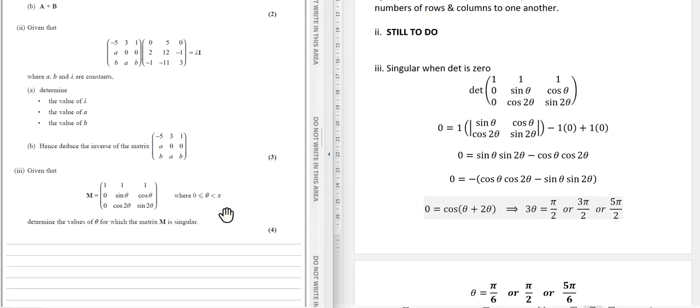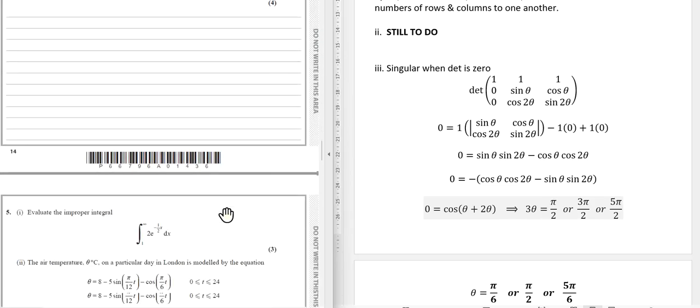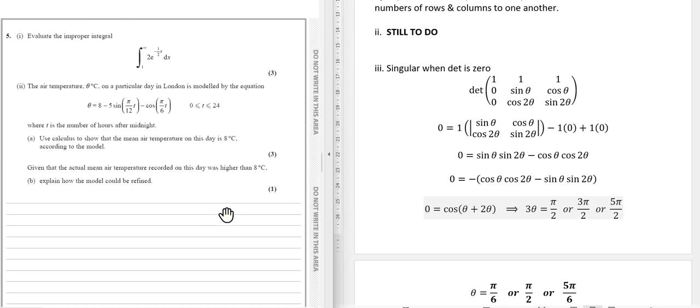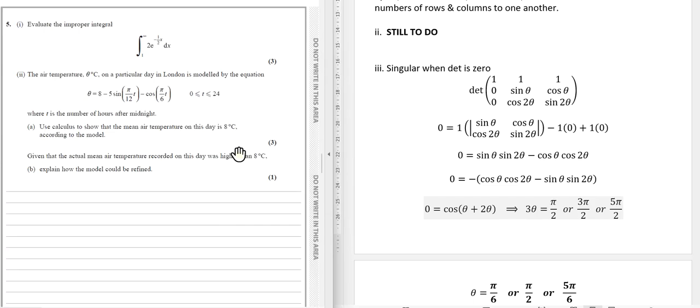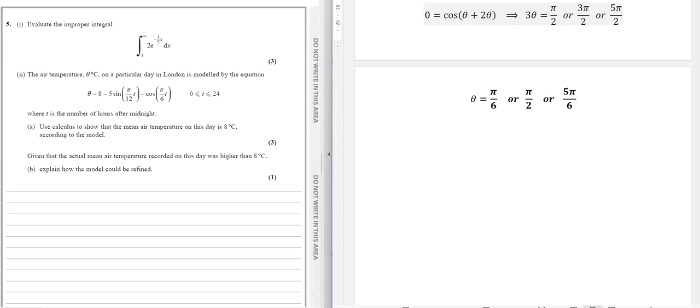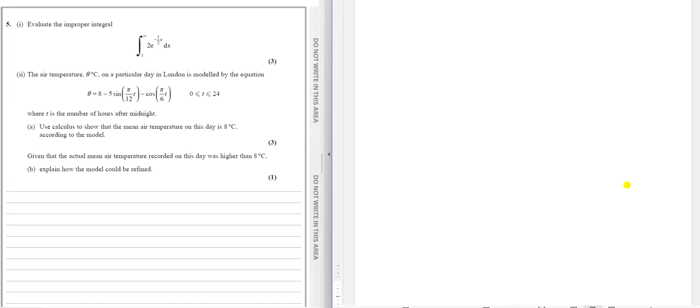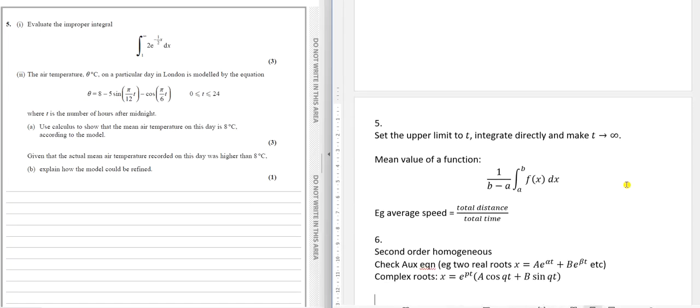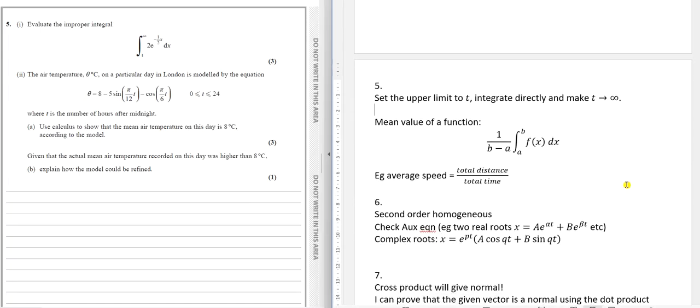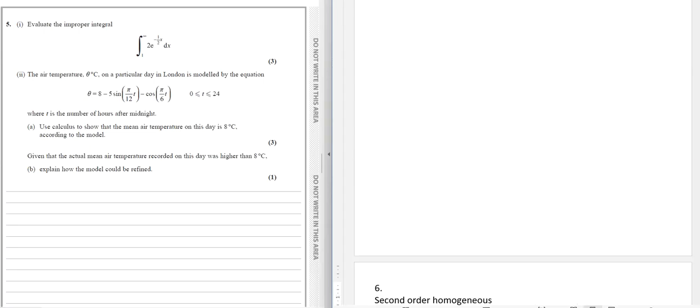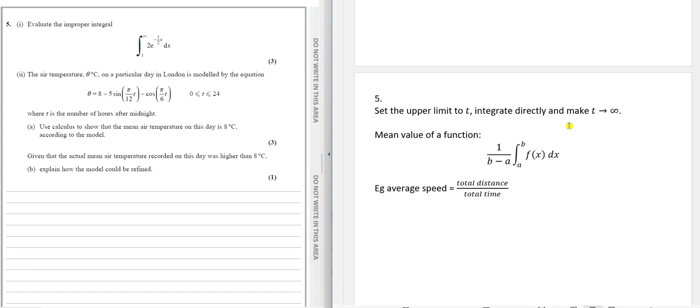I'm going to see what other low-hanging fruit I have that I can work with. I like the idea of trying this one because the integral at least looks like it should be fairly quick. The reason they give you 3 marks is because you're dealing with a function where you have an infinite limit, but that doesn't necessarily mean it's going to be super tricky.